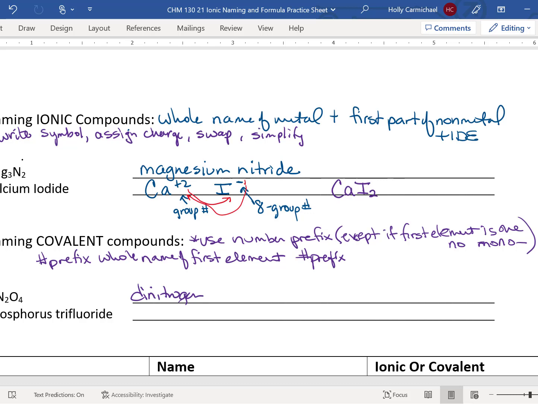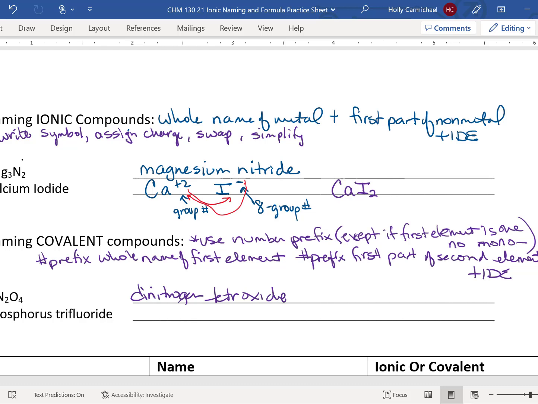And do I use the whole name for the second? No. So O4 is what? I use the first part of the second element plus IDE. Dinitrogen tetroxide.